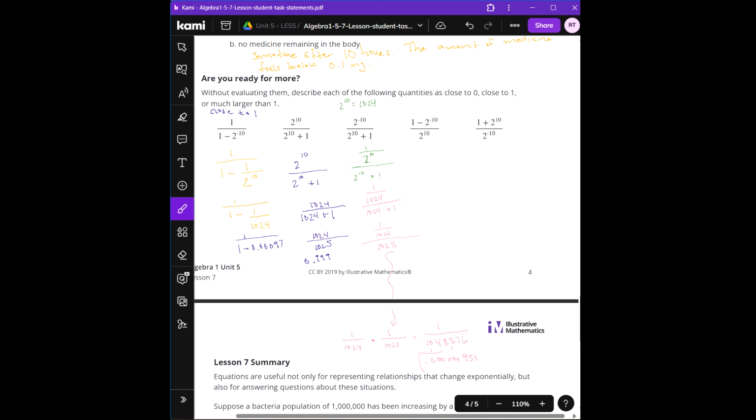So this right here is our answer, and this is really, really close to 0. Oh, sorry, the previous one is close to 1. This one is close to 0.